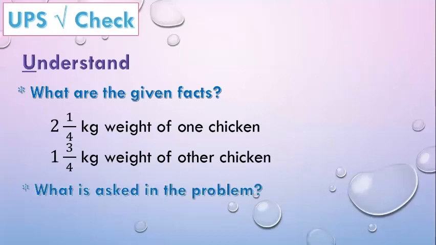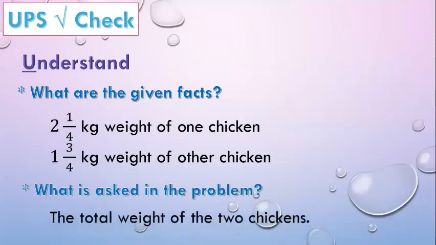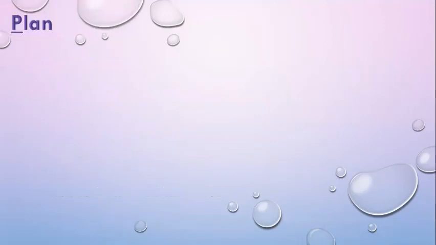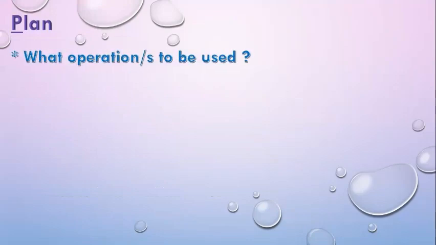Then what is asked in the problem? The total weight of the two chickens. So total weight. So what would be the operation that you are thinking if we say total? Correct. That is addition.